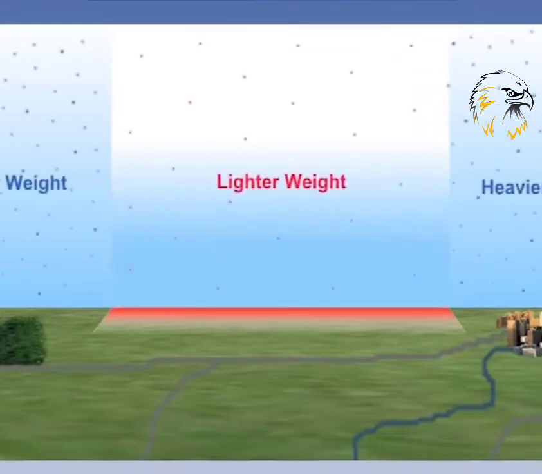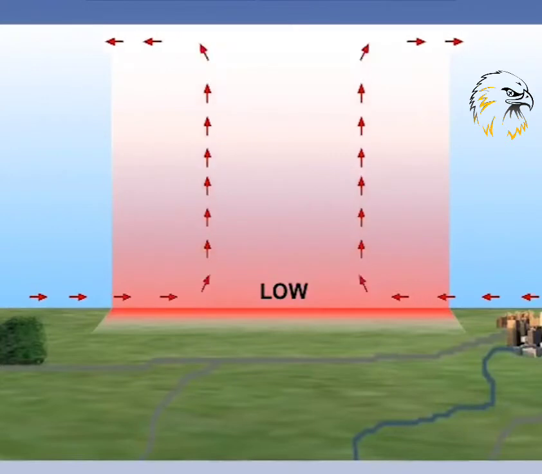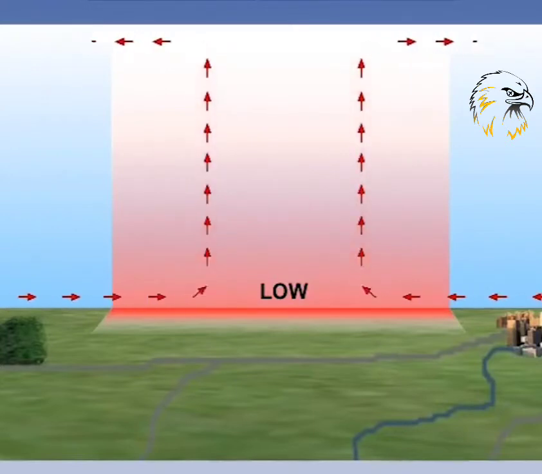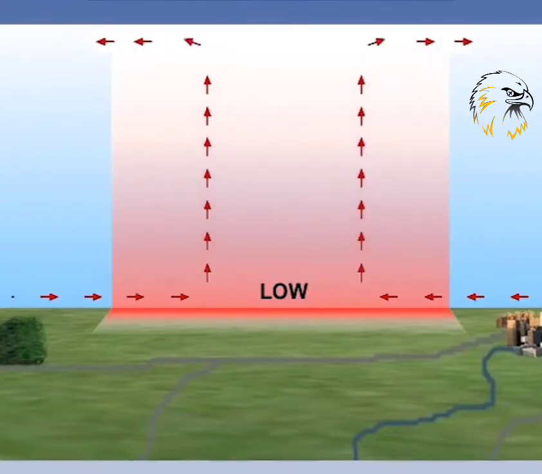The total weight of the column of air above that warm surface has been reduced, because it is now comprised of much warmer, lighter, less dense air than the surrounding cooler areas. The result of this is a reduced pressure at the surface. If the surface pressure drops, then the air will naturally be drawn towards the centre of the depression.